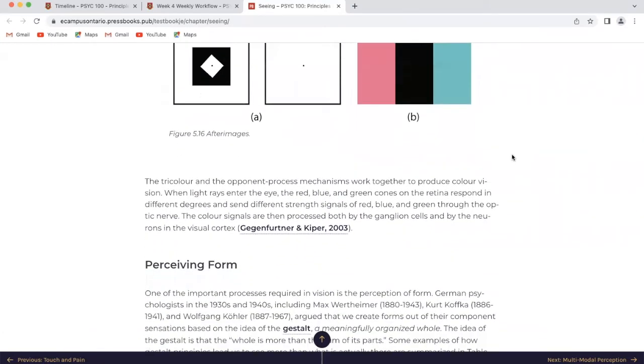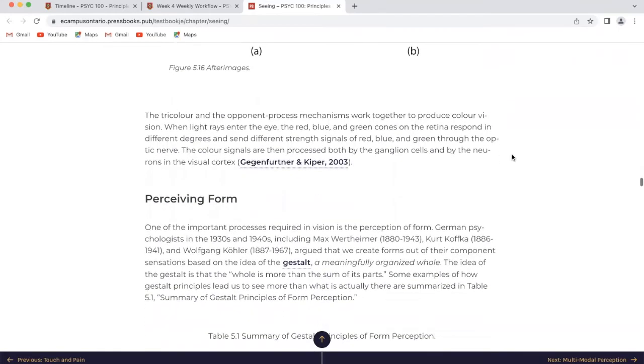The trichromatic and the opponent process mechanisms work together to produce color vision. When light rays enter the eye, the red, blue, and green cones on the retina respond in different degrees and send different strength signals of red, blue, and green through the optic nerve. The color signals are then processed both by the ganglion cells and by neurons in the visual cortex.